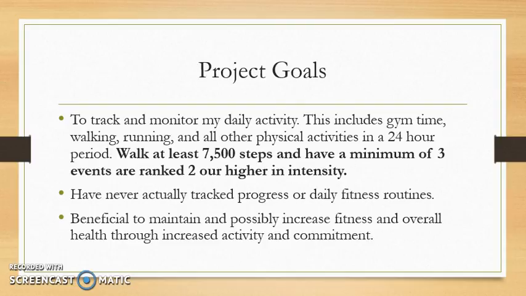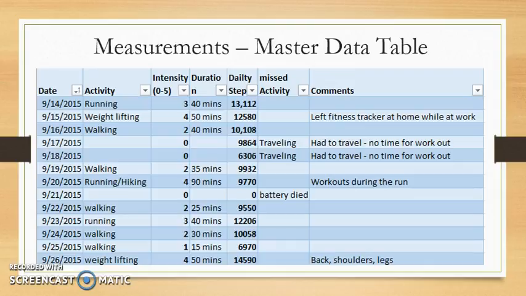So let's move on to my measurement table. This is my master data table I have running, and I just took a snippet out here so it'd be easier for everyone to see, but this has been tracked every single day. It shows the date, if there is an activity that day, and what type of activity it entailed. Then you can see that 0 to 5 ranking of the intensity, so there might be weightlifting that would be a 4 for intensity, or 0 if there is no activity.